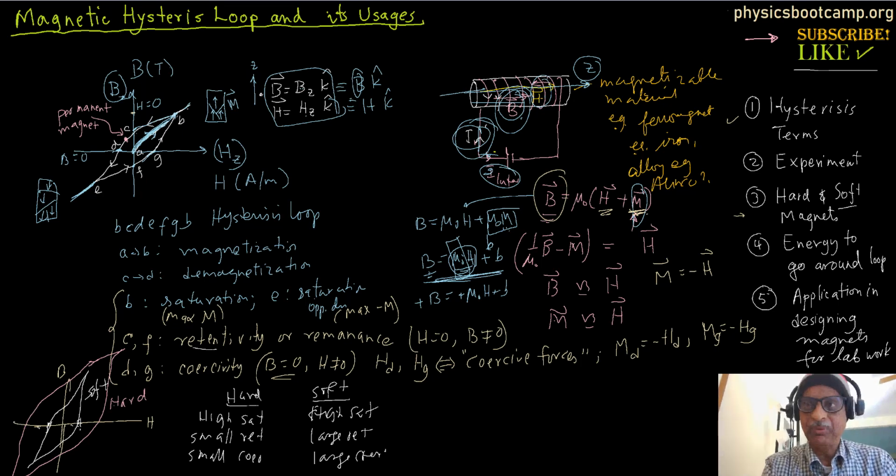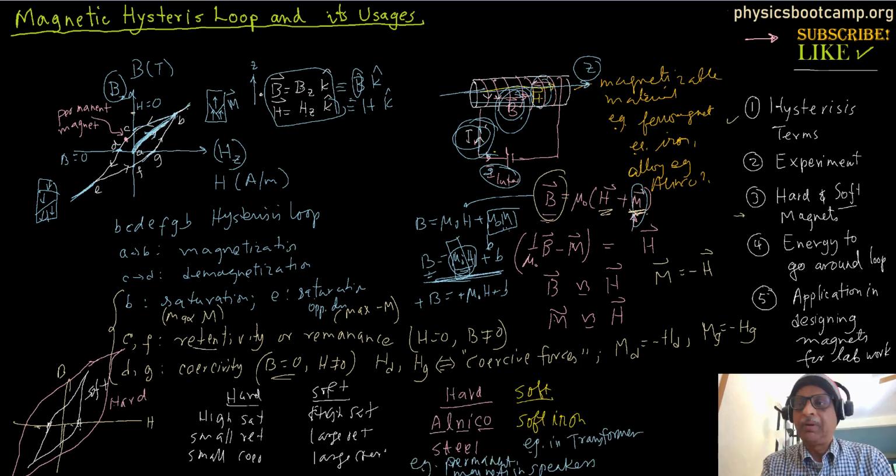What are the example materials for that? Let me look it up and I'll just write it here. Some examples: this is aluminum, nickel, cobalt, so this is an alloy, and steel.